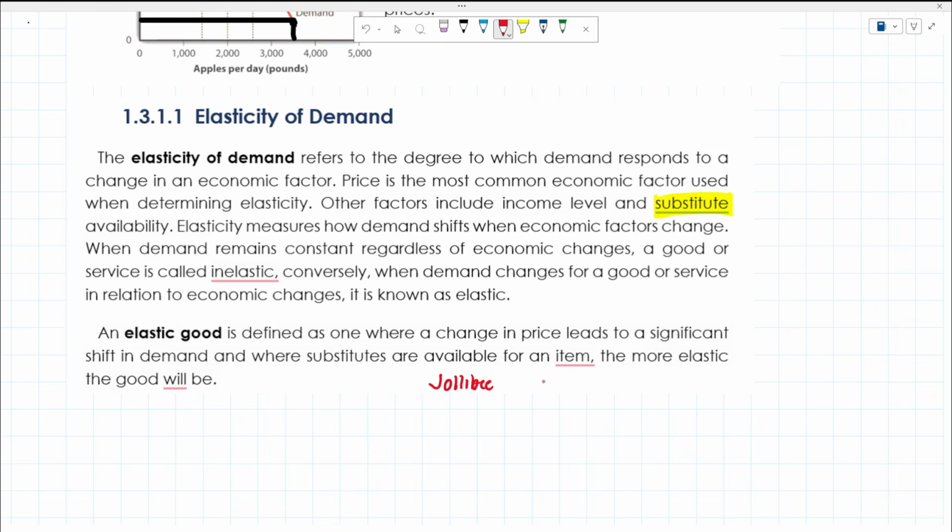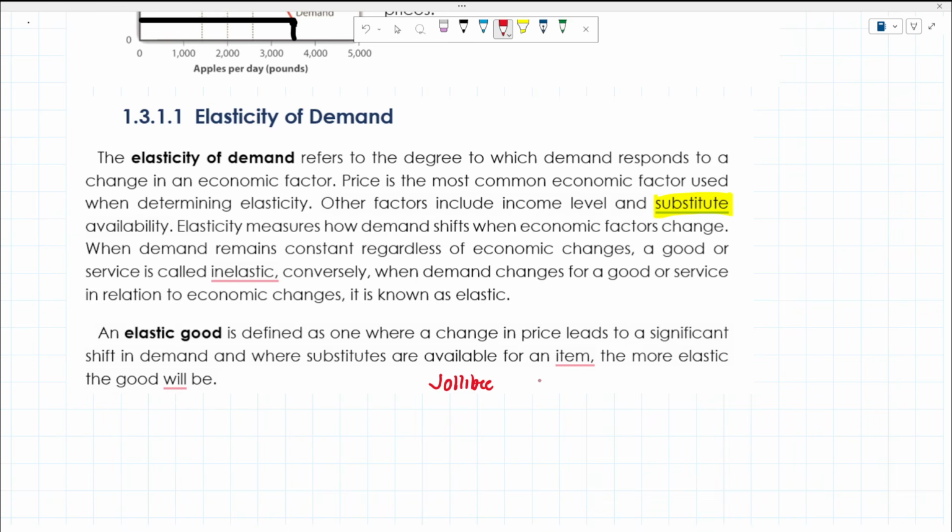So kunyari nabawasan sila ng customer dahil sa pagtataas nila ng presyo. Masasabi natin na yung produkto ng Jollibee ay elastic. Because there was a change in its price, with the change in price is the shift in demand. Nagbago din yung demand.